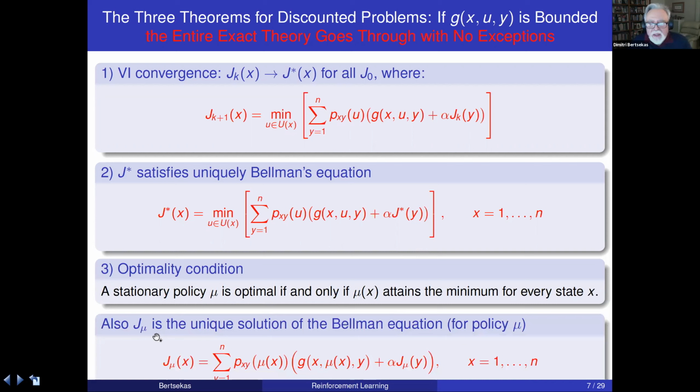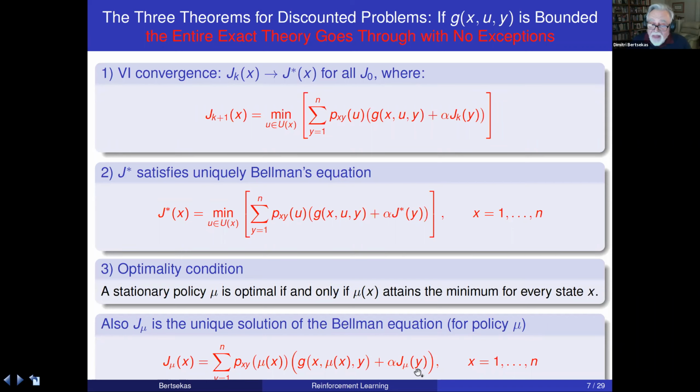Moreover, there is another Bellman equation that's focused on a single policy, a given policy mu. It takes this form here. We simply take away the minimization. There is only one policy, and we substitute mu(x) in place of u here. And this is an equation that is solved uniquely by the cost vector J_mu of the policy mu.